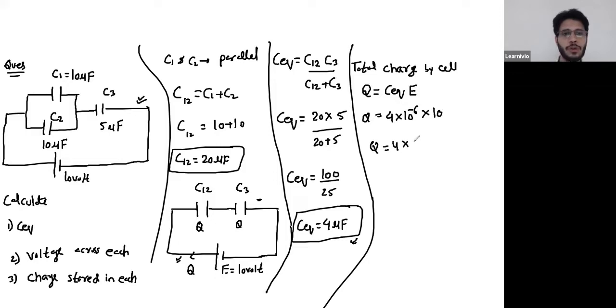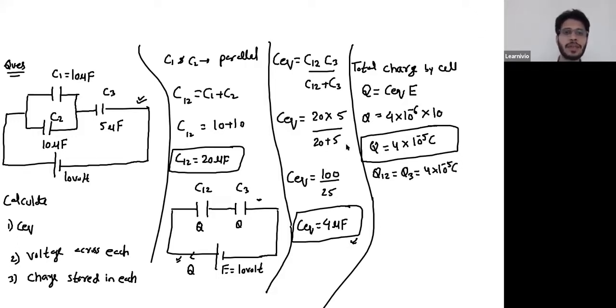So it's 4 into 10 raised to the power minus 5. This is the total charge provided by the battery. The same charge will get stored in both capacitors. So Q12 is equal to Q3, which is 4 into 10 raised to the power minus 5.